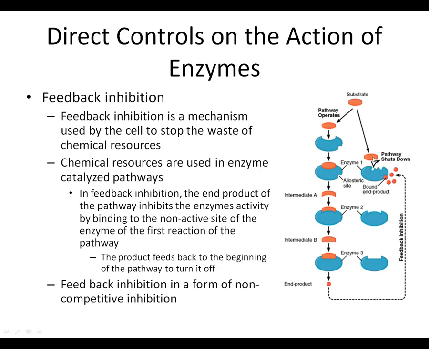The substrate can't bind and the pathway shuts completely down. So feedback inhibition, because it binds to that regulatory site, is a form of non-competitive inhibition. It's not competitive because if it were competitive, then our product would be the same as the substrate at the beginning of the pathway. So it feeds back onto that regulatory site and shuts the whole thing down.